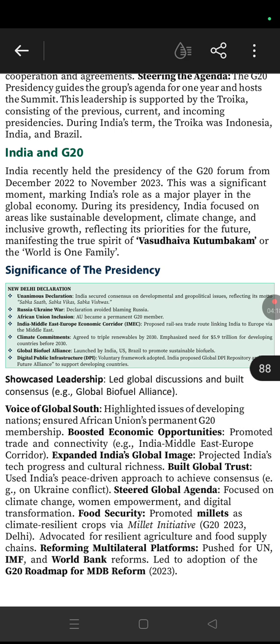India became the voice of Global South during this summit. It expanded India's image globally, and also it promoted millets as climate resilient crops. As we know, International Year of Millets was declared.